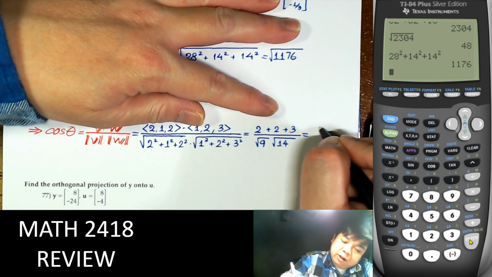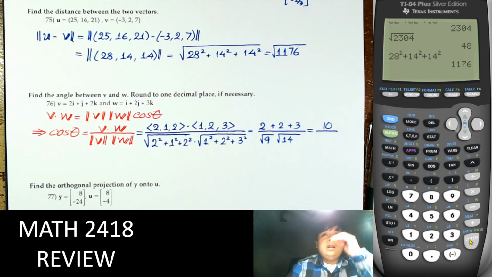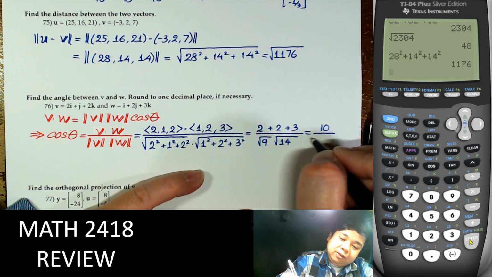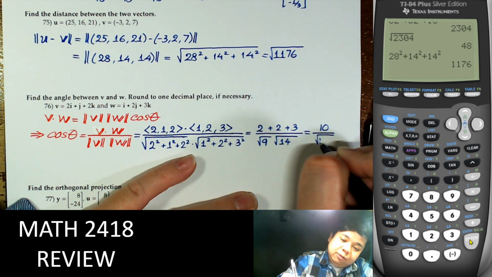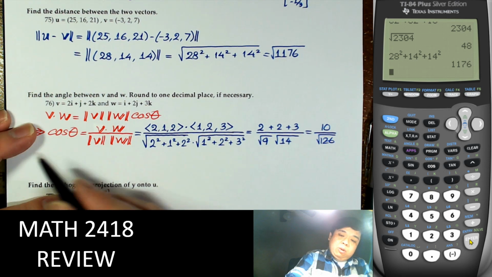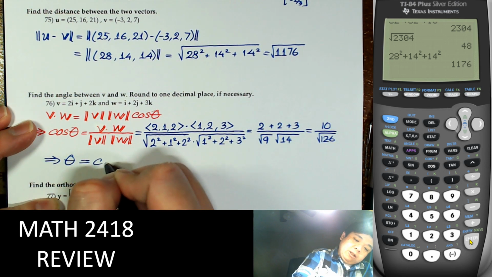So we have 10 over the square root of 9 times 14. 9 times 14 is 126. Right. So cosine of theta is equal to that. So we take theta equal to cosine inverse.